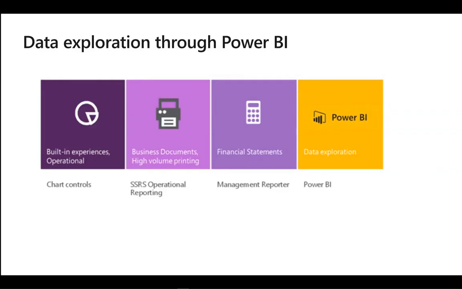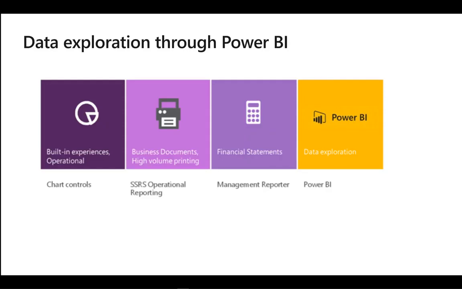There are various types of reporting in Finance and Operations. Chart controls are used to build embedded experiences that require visuals. Microsoft SQL Server Reporting Services, SSRS, is an engine that is designed for pixel-perfect formatted reports that often require print, such as purchase orders and customer invoices.